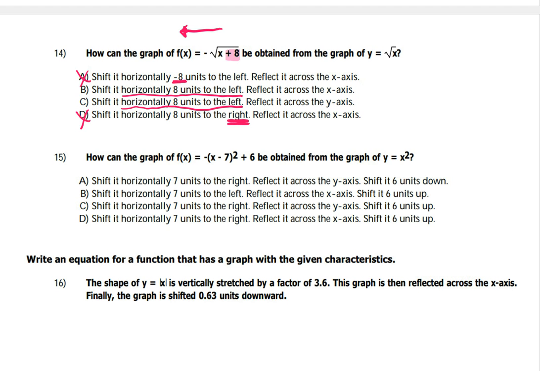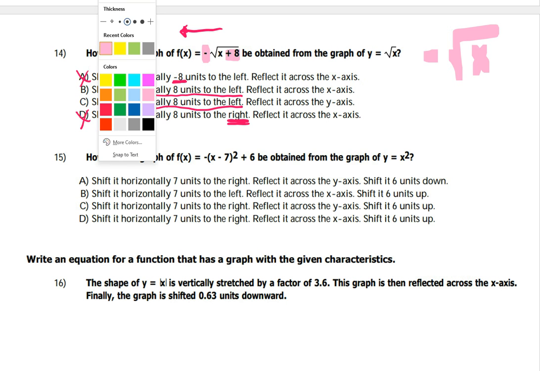So I've narrowed it down to B or C, which brings in the other situation, which is that there is a negative in front of the radical. That's like saying a negative square root of x.